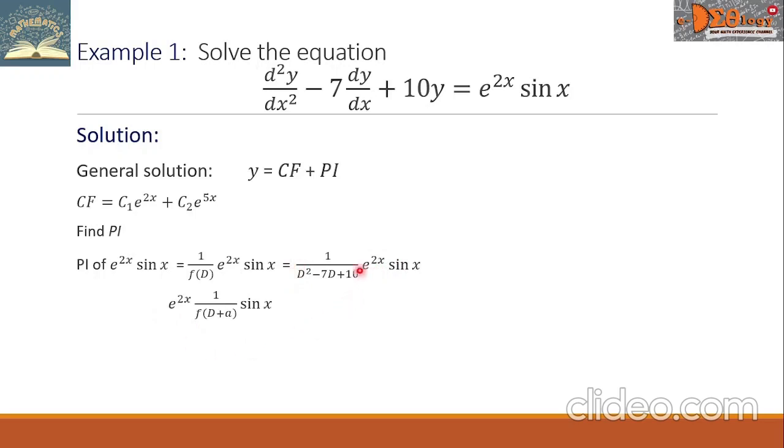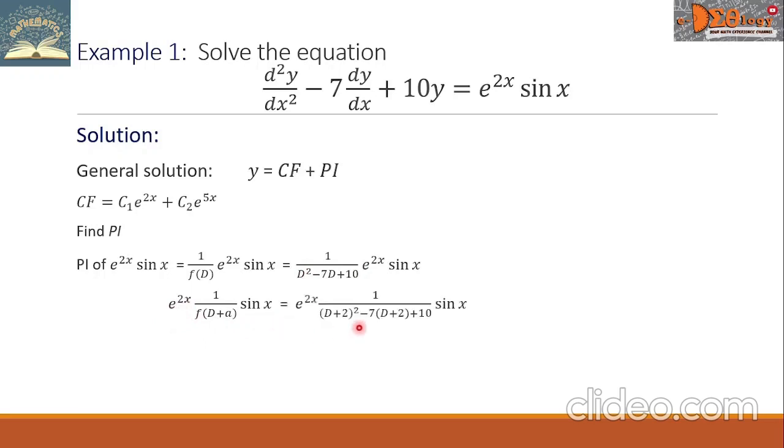And then we evaluate our denominator with respect to D plus a. For the a, we use the number 2, which is the coefficient of x in the exponent of e.